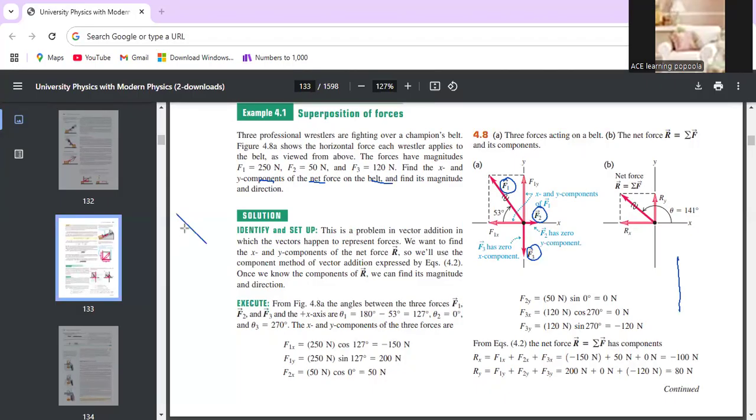So we have something like this, one force acting like that, and then there is another wrestler pulling this way, and then there's a third wrestler pulling down. So these are the forces from the wrestlers. So this is our F1, F2, and our F3.